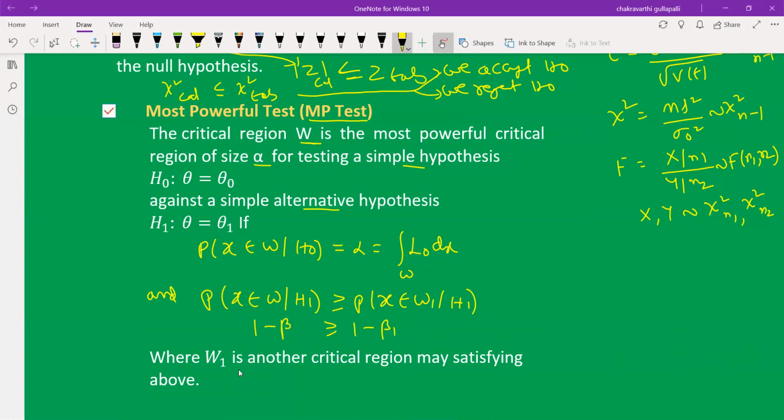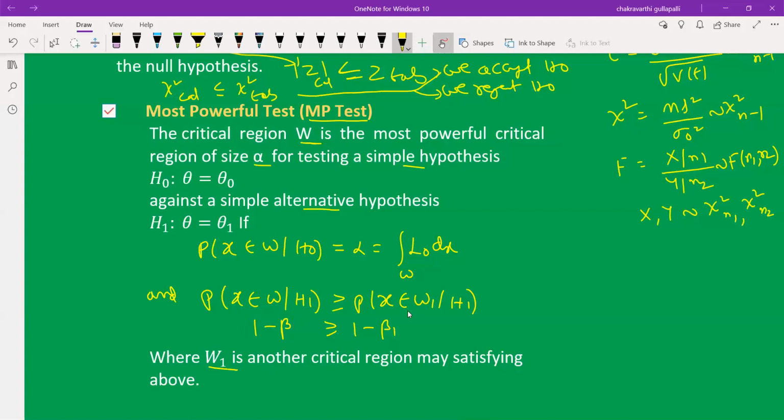What is W1? W1 is another critical region satisfying the above. This sample statistic belongs to the critical region when H1 is true; it is called the power of the test.